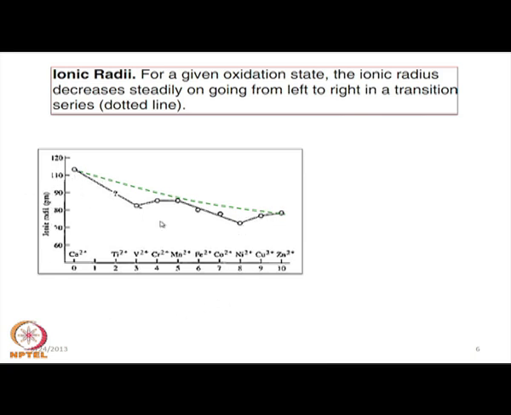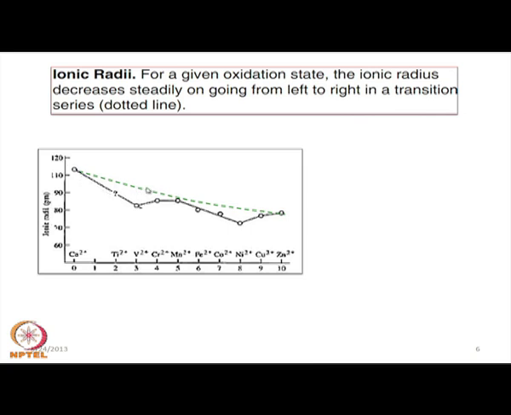So, ionic radius is falling because the energy parameters for hydration as well as lattice formation are increasing from left to right.